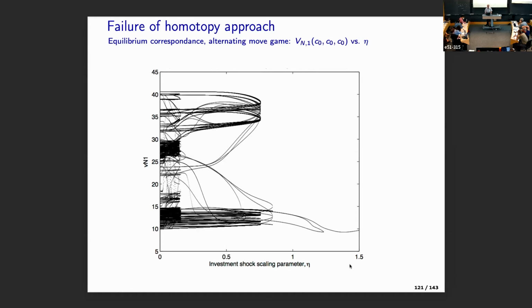Everybody's doing random choice, and there's a single equilibrium. But then you can draw this equilibrium correspondence. As you decrease eta, the equilibria can be reconstructed. But because of the complexity of the problem and the number of equilibria, the number of bifurcation points along this homotopy path is astonishingly large. So in this setting, at least with simultaneous moves, where we have this very large number of equilibria, it seems that the homotopy will also have trouble following the path through all of them.